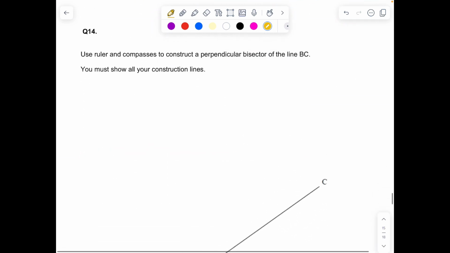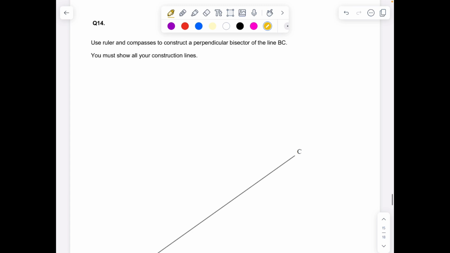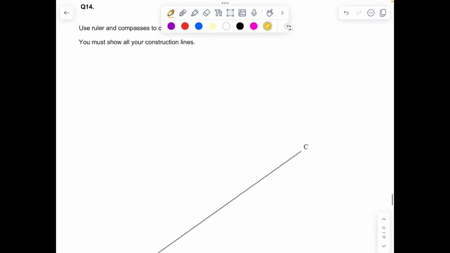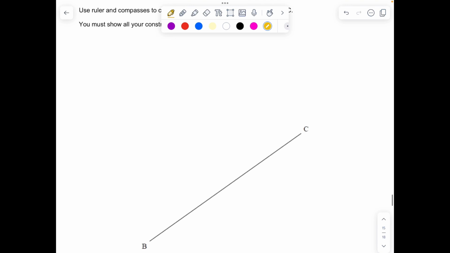Okay, here I'll just explain how to do it. You can obviously watch some of the videos I put on Classroom to remind you, but you should put the point of your compass on one end, and draw a curve. Make sure that you open up your compass just over halfway.